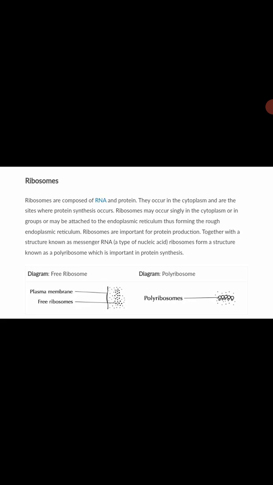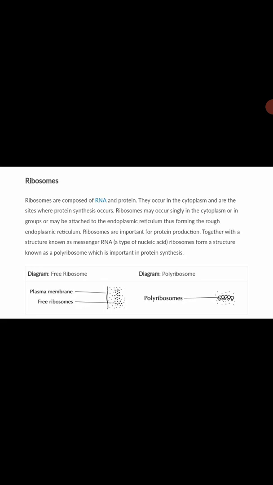Ribosomes are composed of RNA, ribonucleic acid, and protein. They occur in the cytoplasm, just as the endoplasmic reticulum occurs in the cytoplasm. Ribosomes are the sites where protein synthesis occurs.